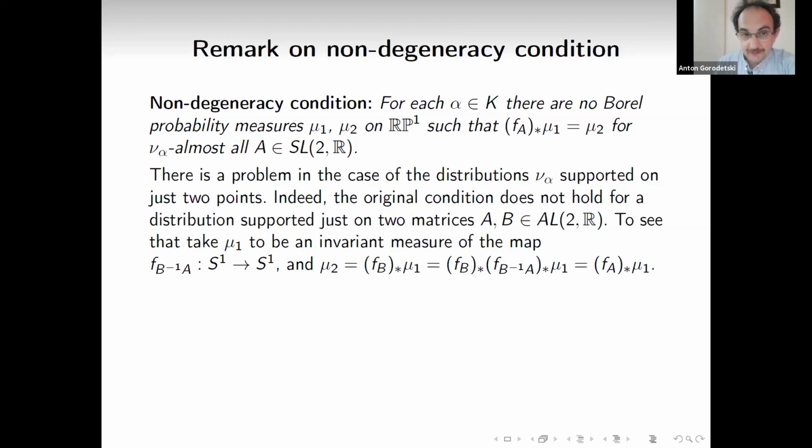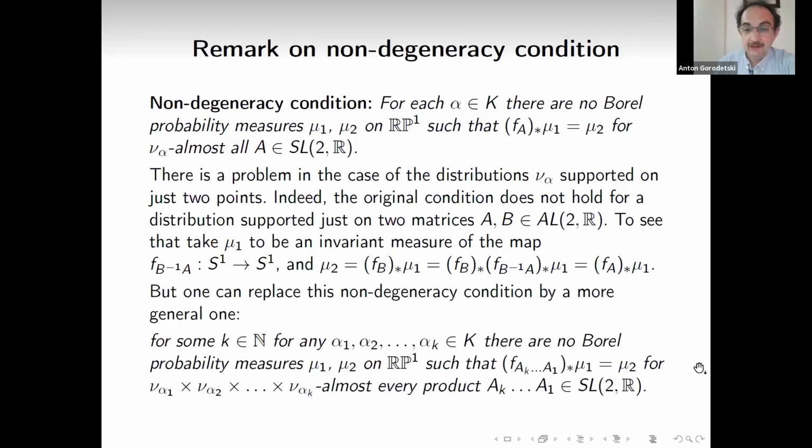There is an easy fix for that. For all the proofs that we do, it's enough to assume that a little bit more general non-degeneracy condition holds. It's enough to assume that there exists some K such that if you take a product of K matrices, then exactly that condition is satisfied: there are no 2 measures such that it sends one to the other.